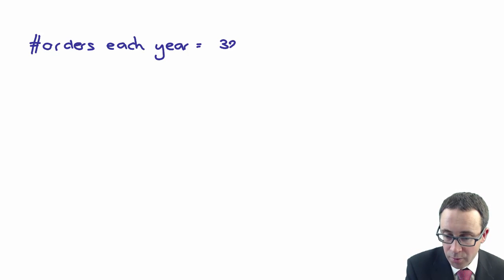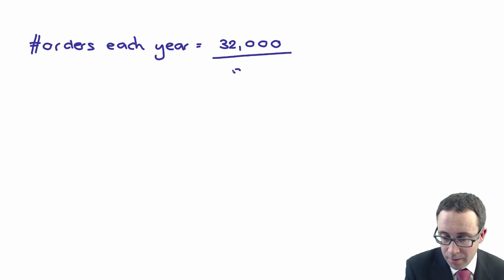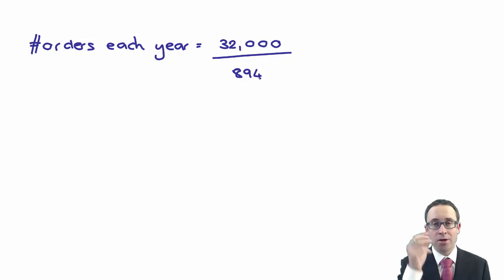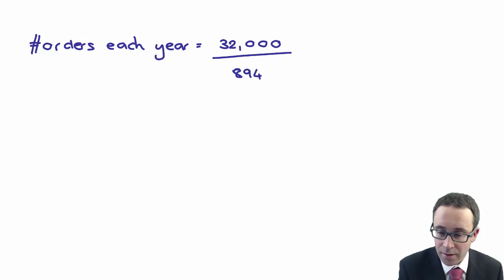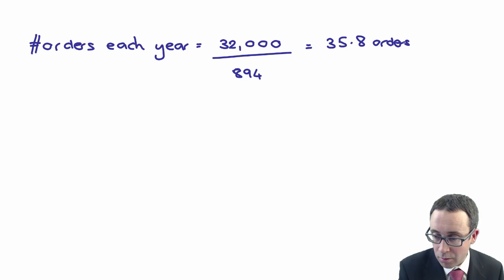So the annual demand is 32,000, isn't it? If we divide that by the 894, which is how many units you purchase every time, that gives you 35.8 orders per year.